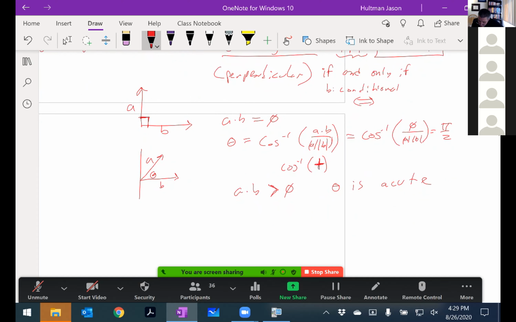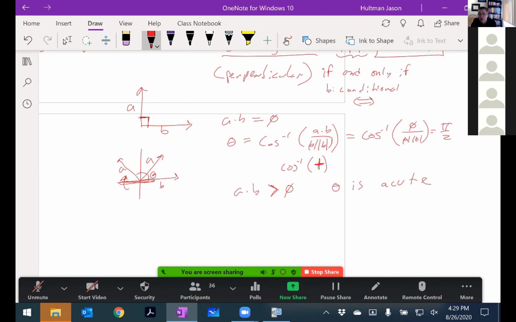What happens if it's in the second quadrant? What if A is now over here? Then it's obtuse, right? What are the cosine values over here in the second quadrant? Aren't they negative? Yes, the cosines are negative.